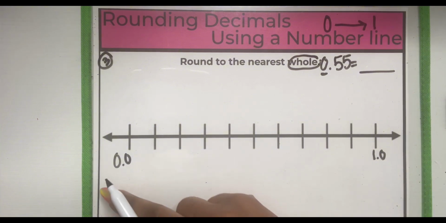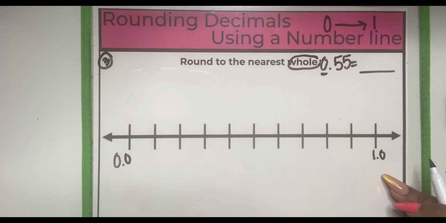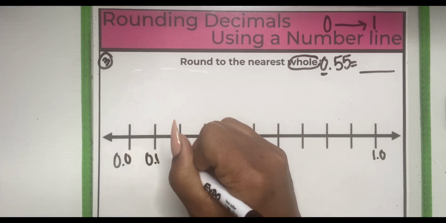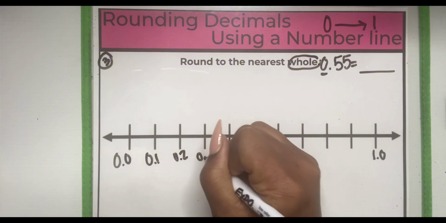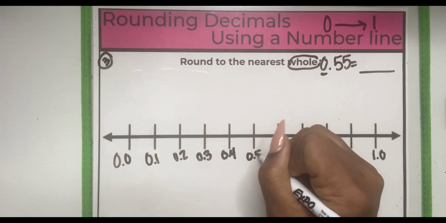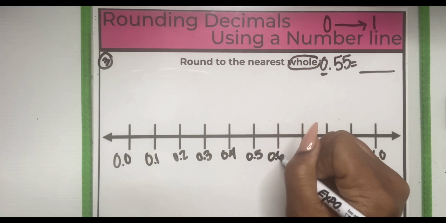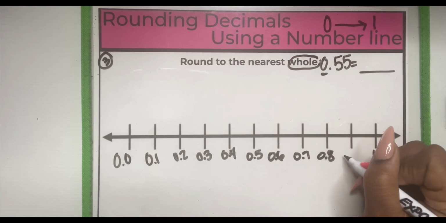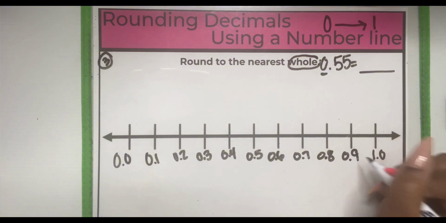As we have our range, let's go ahead and number the rest of our number line. 0.1, 2 tenths, 3 tenths, 4 tenths, 5 tenths, 6 tenths, 7 tenths, 8 tenths, 9 tenths.